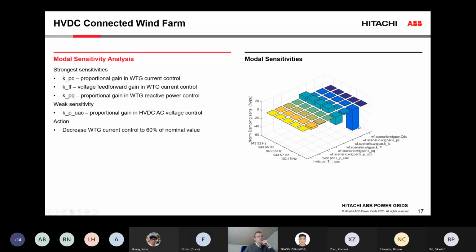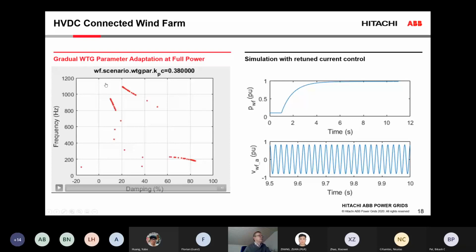It's strongly related to the gain of the current control and the voltage feed forward gain in the wind turbine. So we could fix this problem again by changing the current control gain of the wind turbine.